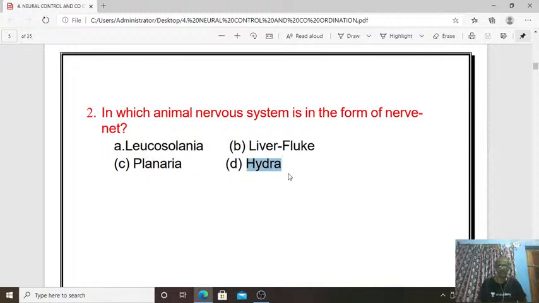That is Hydra. In the example of Coelenterata, we can observe a network-like nervous structure. So Hydra is the right answer for question number two.